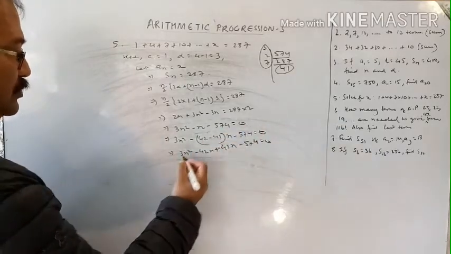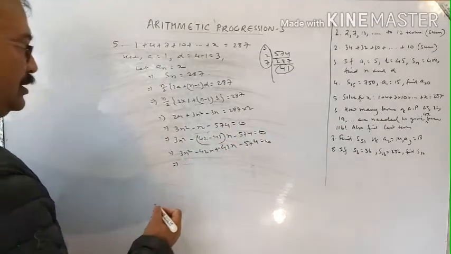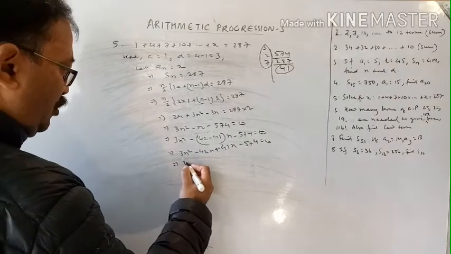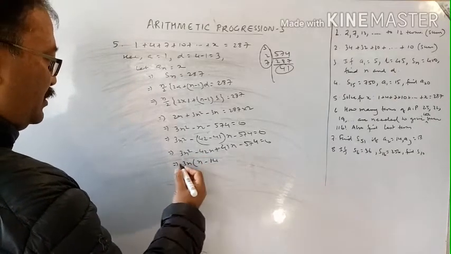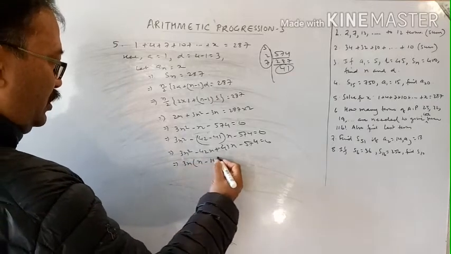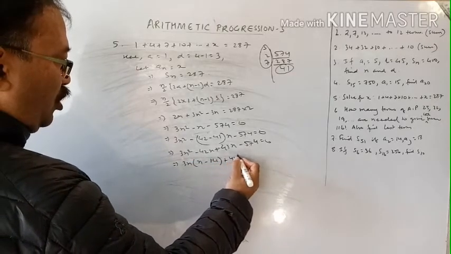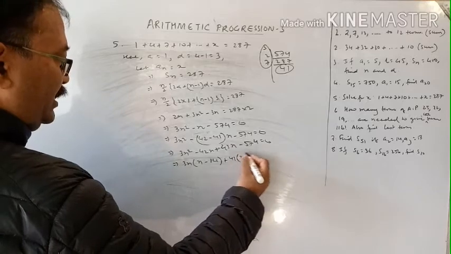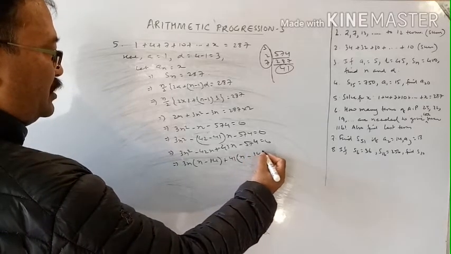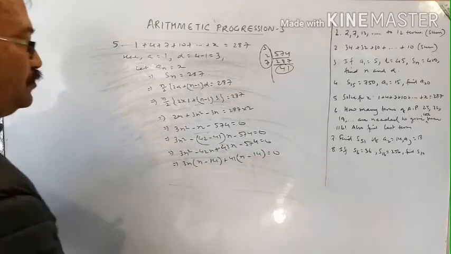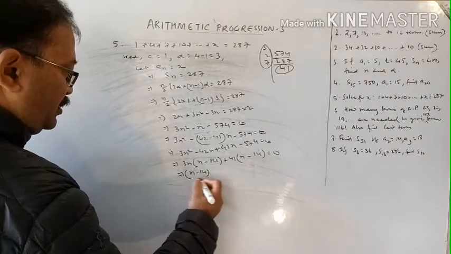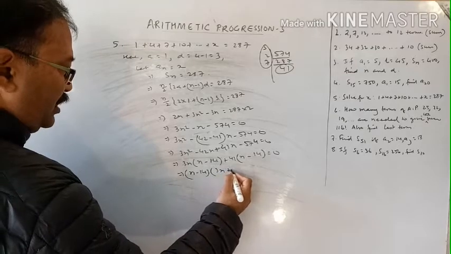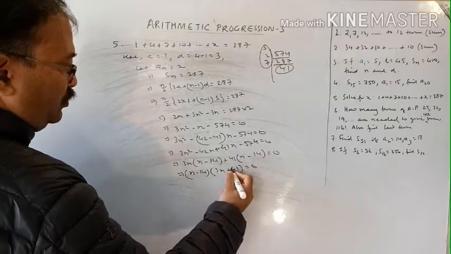So 2 positive, 2 negative, so it's fine. So here 3n is common, so you get n minus 14, it will go 14 times, 3 4s are 12, 3 are 14. So plus 41 common, so n minus 14 equal to 0. So n minus 14 is common again, so 3n plus 41 equal to 0.